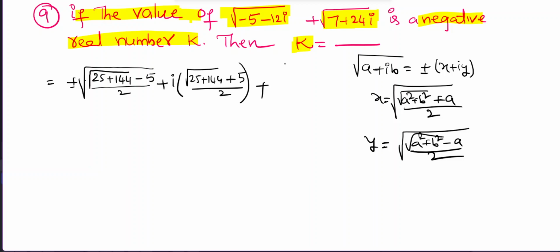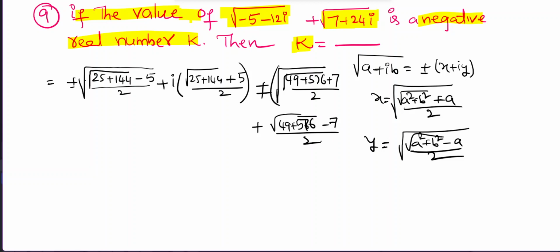Plus root over 7 plus 24i, this is also plus or minus under root of 7 square 49 plus 24 square 576, under root, plus 7 by 2, plus under root of 49 plus 576 minus 7 by 2 under root.